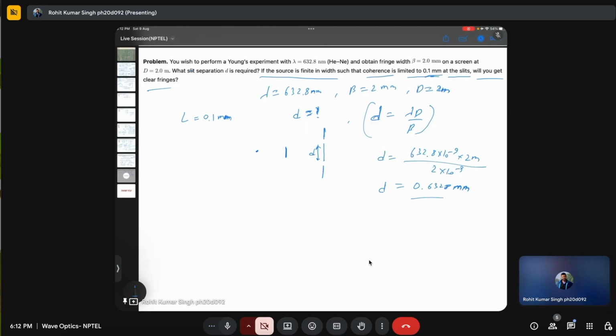So this distance is 0.6 millimeter between the slits, and the source of light has a coherence length of 0.1 millimeter. You see here that D is greater than L, by a factor of 6.